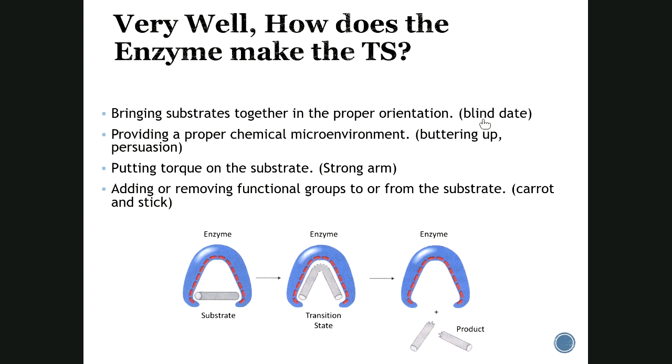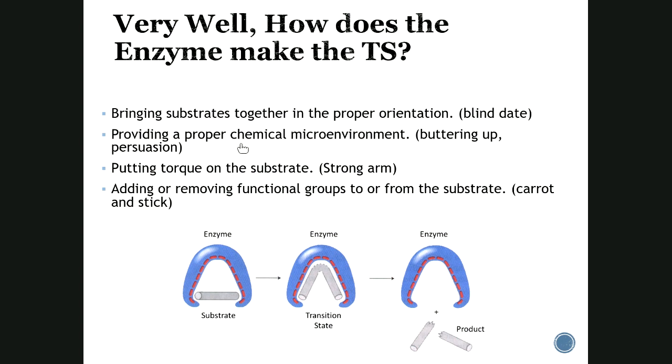Think of it like a blind date. You have substrate A and substrate B, just hanging out together, doing their thing. But until you bring them right next to each other, in close proximity, they won't interact and form the final product. So the enzyme is like the matchmaker. You bring these two together and set them up, and hopefully they form the couple that you want.